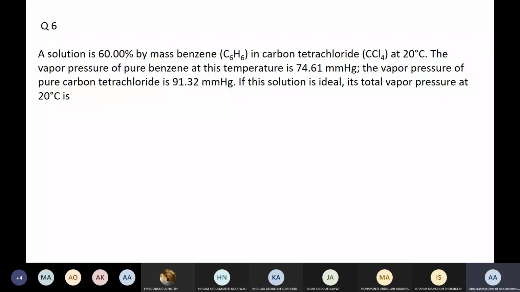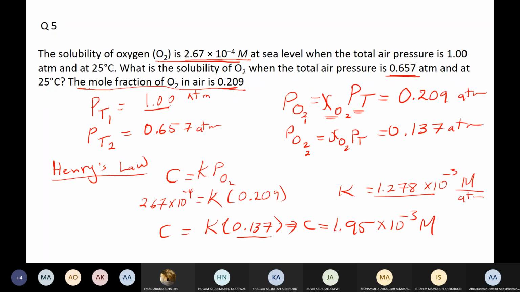Don't forget these things. A solution is 60. Doctor, yes, how to find X? What X? XO2. Oh, this is the mole fraction. You tell me how to find it. Help me.